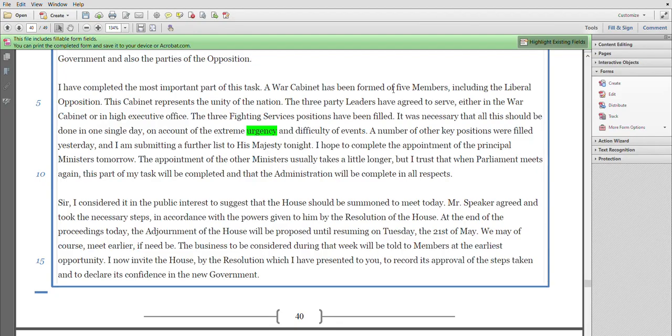It was necessary that all this should be done in one single day on account of the extreme urgency and difficulty of events. A number of other key positions were filled yesterday, and I am submitting a further list to His Majesty tonight. I hope to complete the appointment of the principal ministers tomorrow. The appointment of the other ministers usually takes a little longer, but I trust that when Parliament meets again, this part of my task will be completed and that the administration will be complete in all respects.